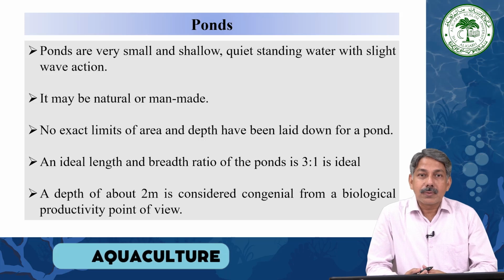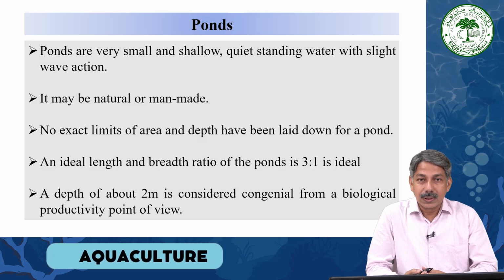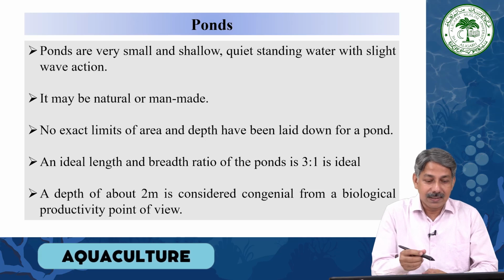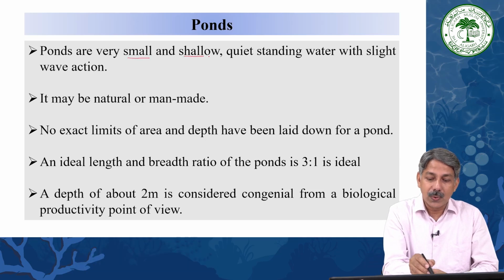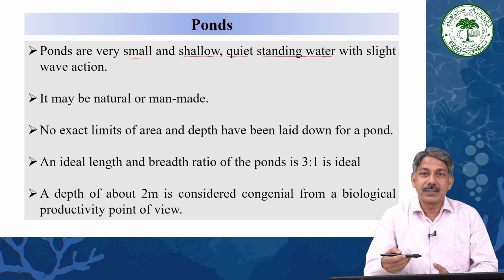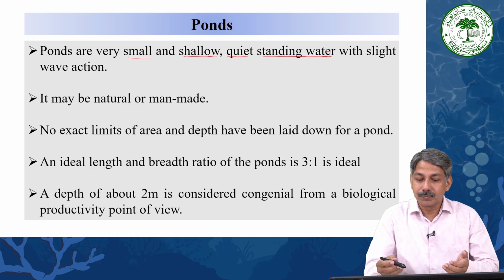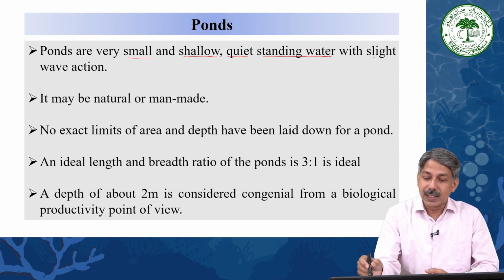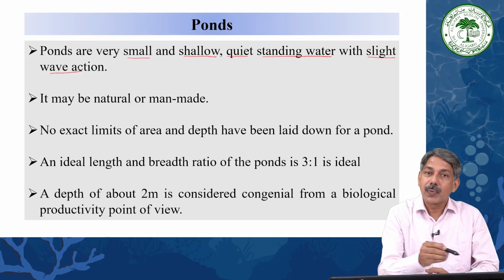We all know what ponds are, but in fact, when we have to define ponds, we can say that they are small, shallow, quiet, standing water or still water, providing a lentic environment, or water which is not flowing, with very low wave action because of the winds.